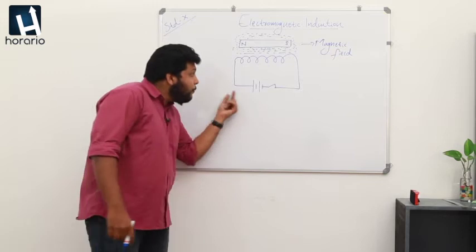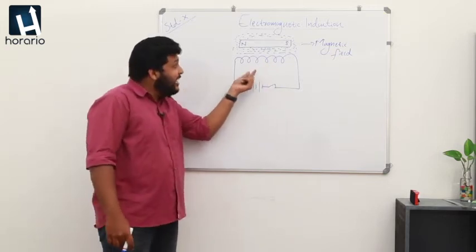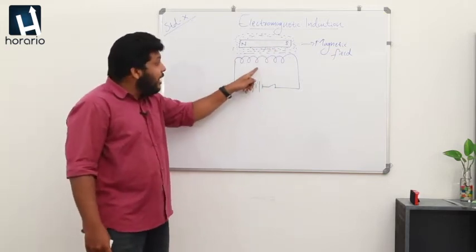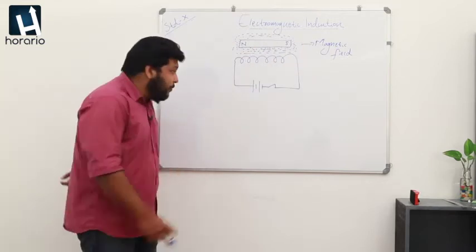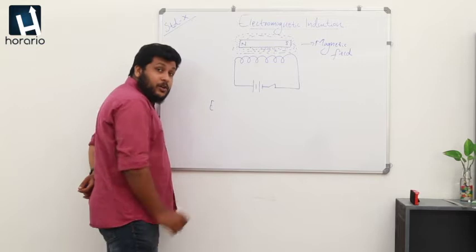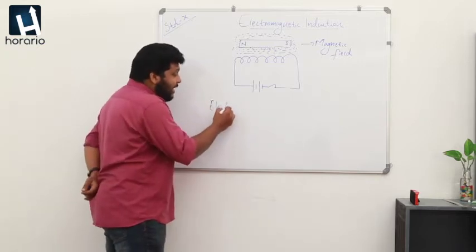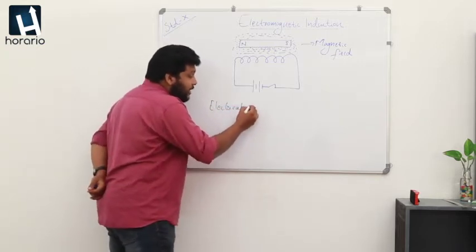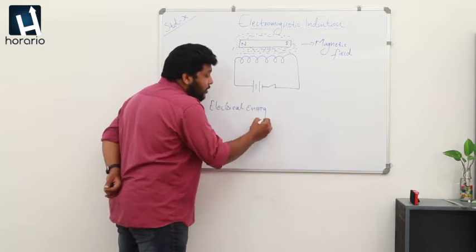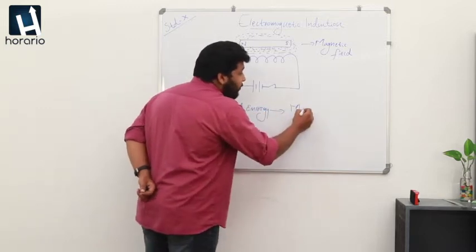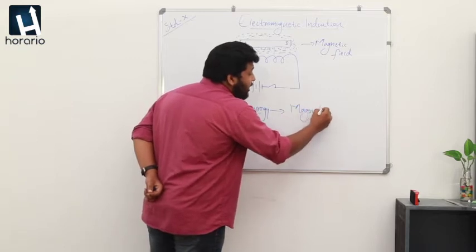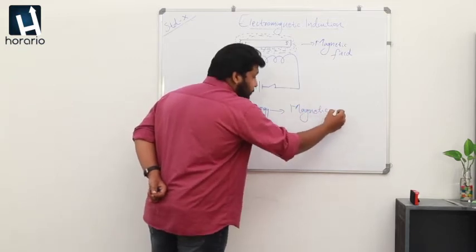So when the current passes through a solenoid, it changes to a bar magnet and a magnetic field is produced around it. From this, we can conclude that electrical energy can be converted into magnetic properties, or magnetic energy, or magnetism.